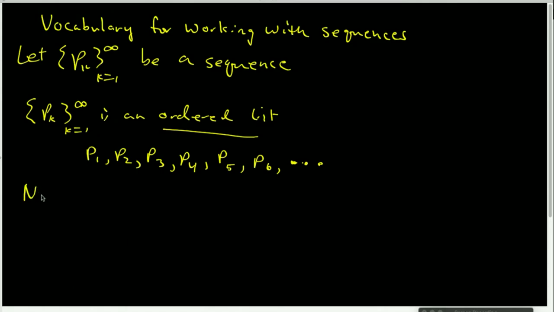Our first vocabulary word is going to be a way that we describe the P's themselves. The pk's are called the terms of the sequence.